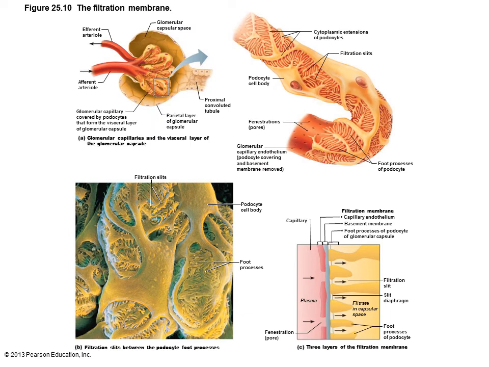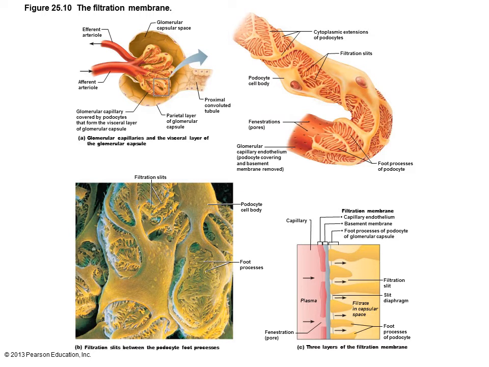The filtration membrane is a very porous membrane because, as you see, the podocyte feet interlock with each other, creating little pores in between, so that water and solutes smaller than the size of the little holes can be pushed out from the plasma. Normally no blood cells, white or red, should be present in the filtrate.